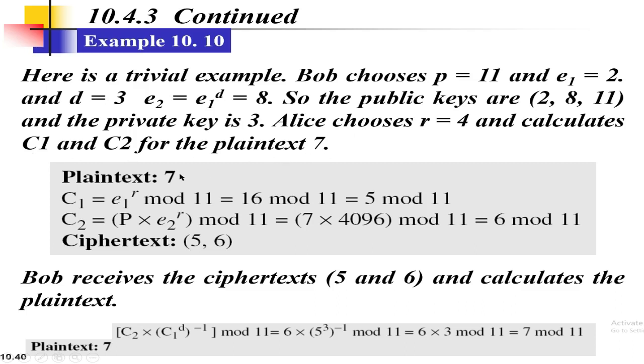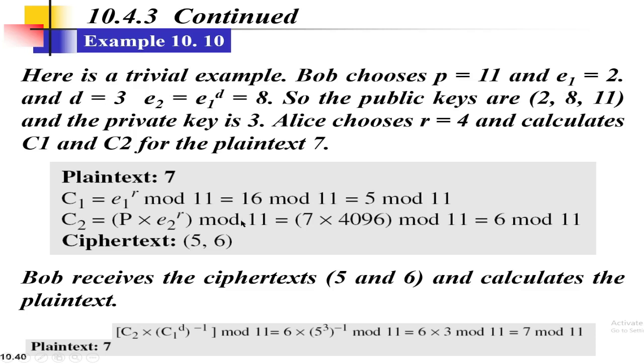To encrypt the message we need to calculate two ciphertexts, C1 and C2. The formula for C1 is E1 to the power R mod P. Here E1 is 2 and R is 4, so 2 to the power 4 is 16, and 16 mod 11 is 5.